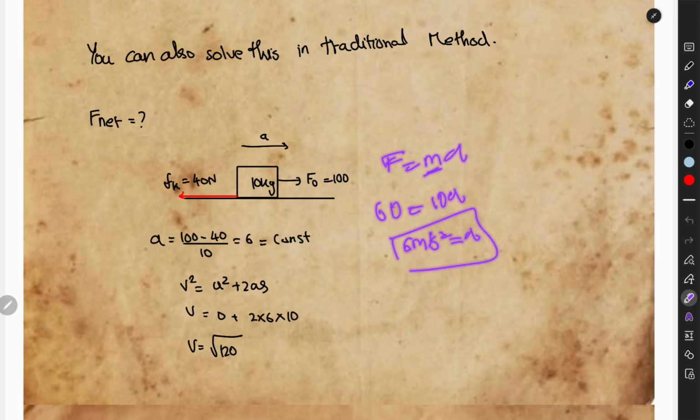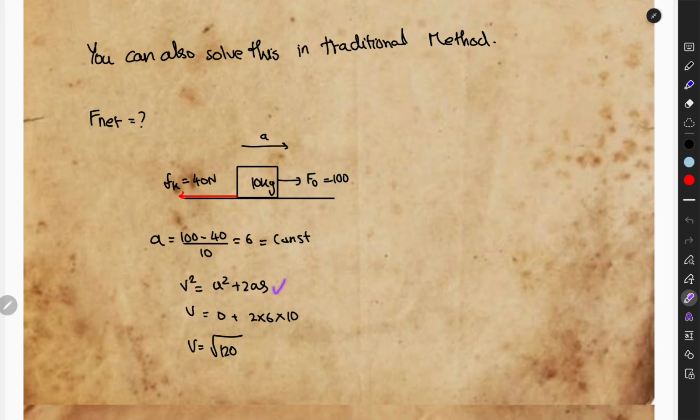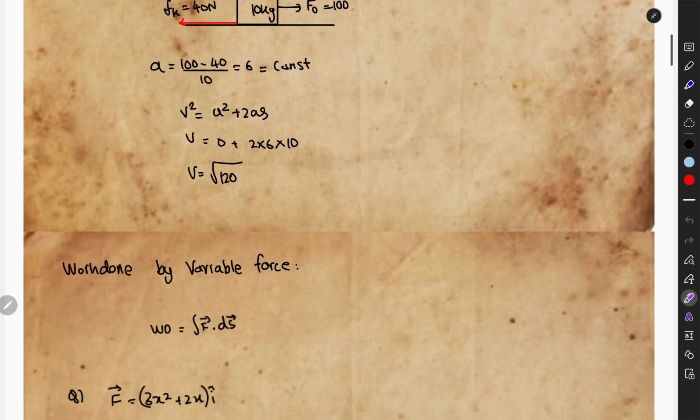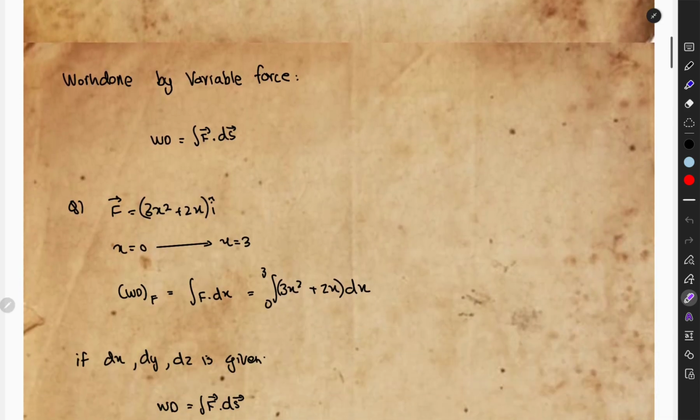Since we have found the acceleration and it is constant in this case, we can apply v square is equal to u square plus 2as. So u square is given as 0, a is found, and s is 10 because it moves 10 meters, and v square we need to find.